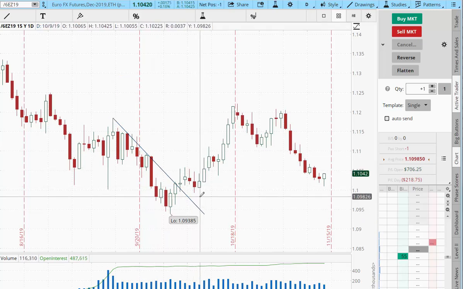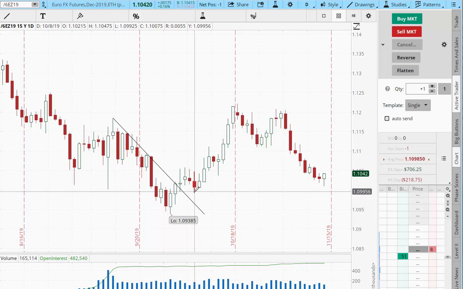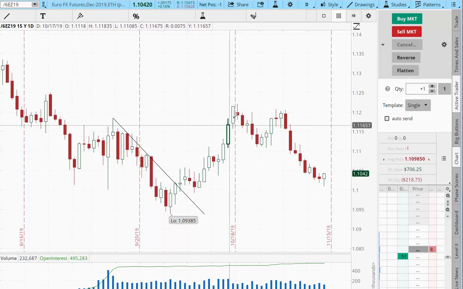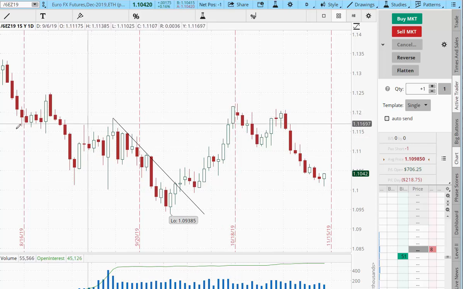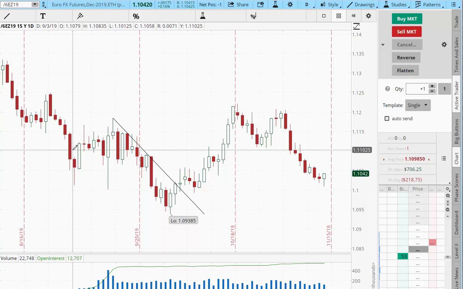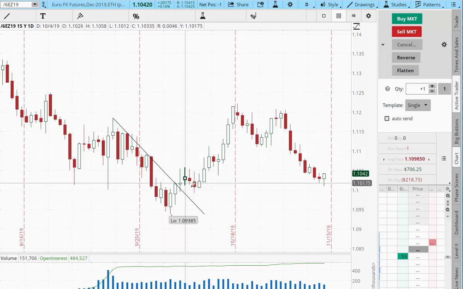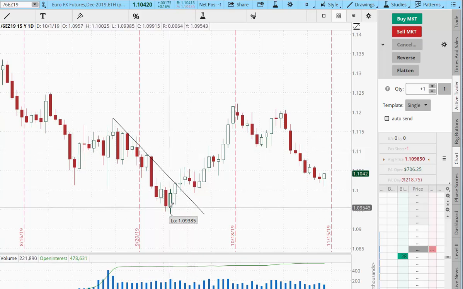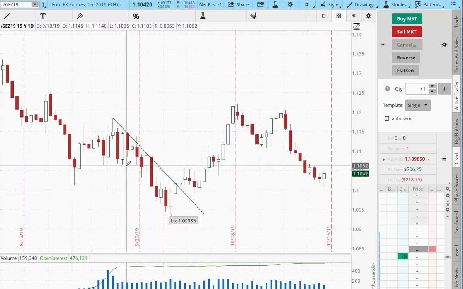Okay, so I've got that. I got a pullback. Okay. And now looking for 5 pivots up or an R1 line, and that happens up here. The R1 line does. And so I've got a pullback. Now I need a reversal point.